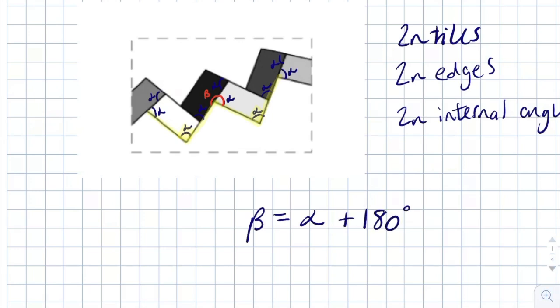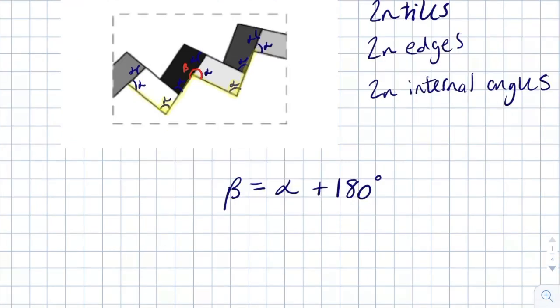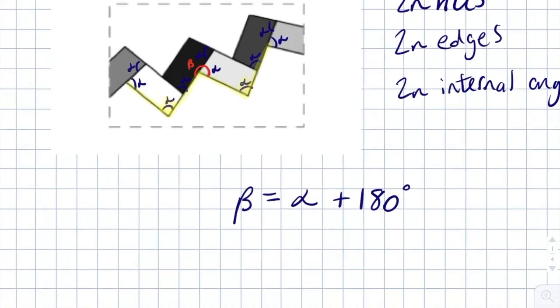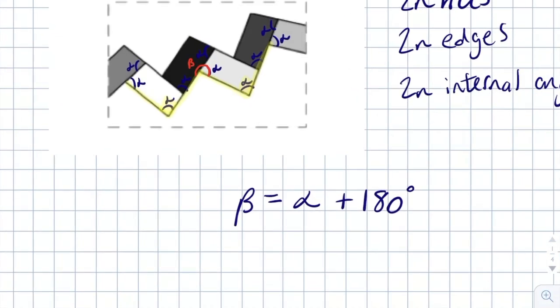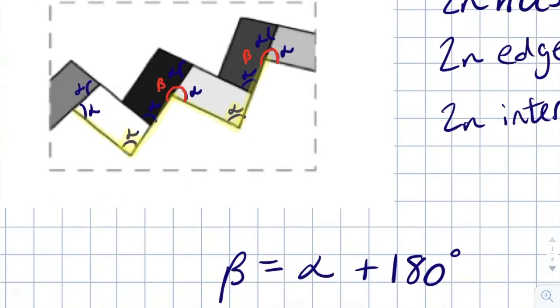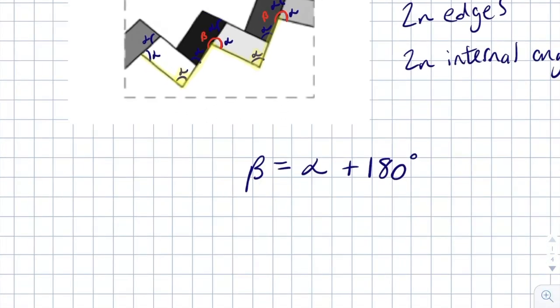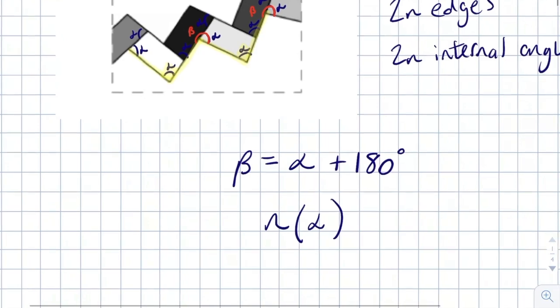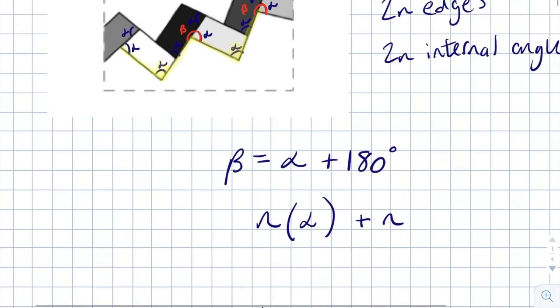So we need to find the sum of all these interior angles. What we know is there's an alternating pattern. It goes alpha as the interior angle, then beta as the interior angle, then alpha as the interior angle, and up here we've also got beta as an interior angle. So that means n angles are going to have an interior angle alpha, so we say n times alpha, and n angles are going to have an interior angle of beta.